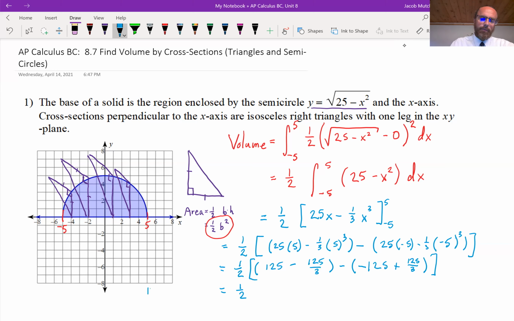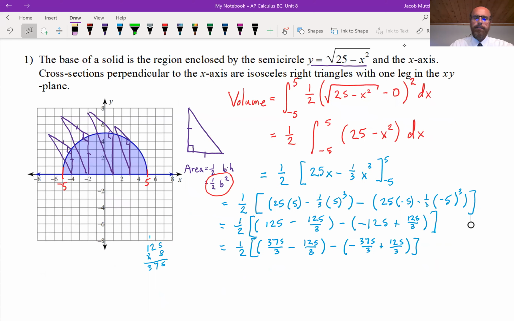So I need to multiply 125 itself by 3, which is 375. So this is half times 375 over 3 minus 125 over 3. Again, this same group is going to look very similar. We'll scale it up so we can add the fractions, and again replace my brackets there so my half distributes correctly.